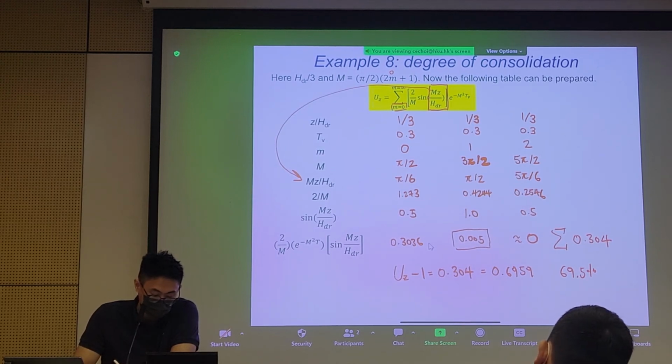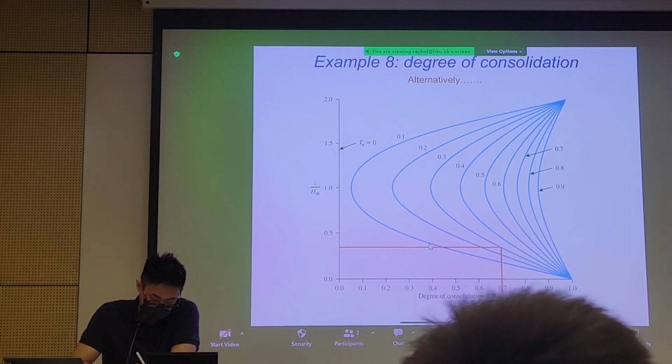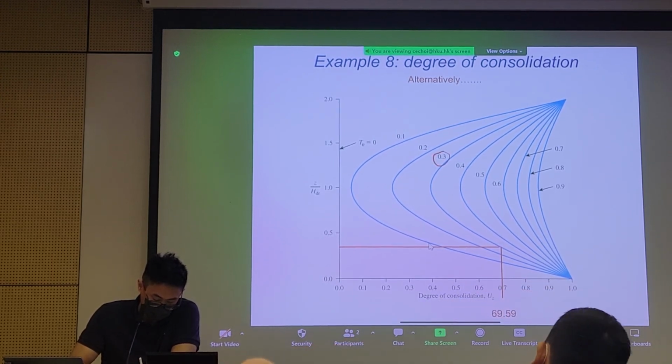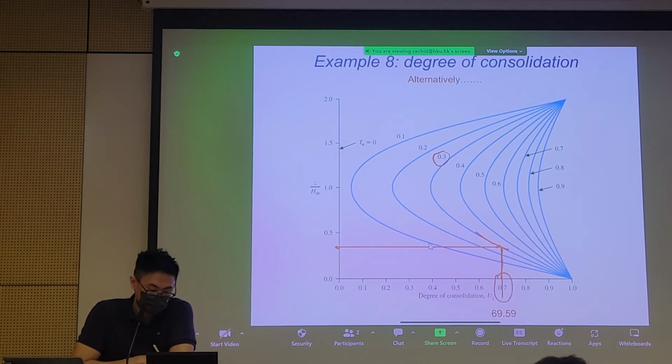Well, you would just read it off a graph, right? If you know the time factor is 0.3, you would use this line. If you know that you want it at a height of here, then you would just go to this line and read off, and you would get 69.59% anyway.